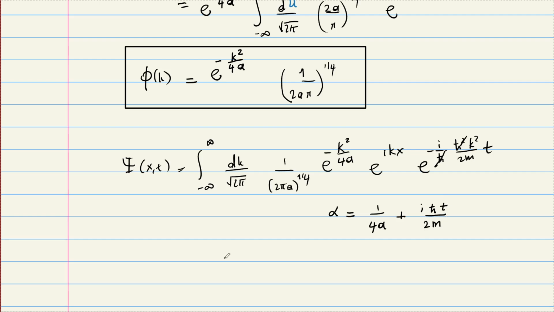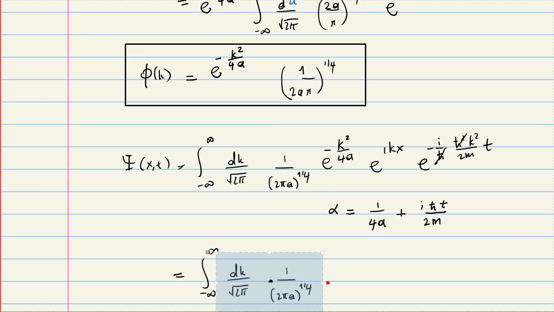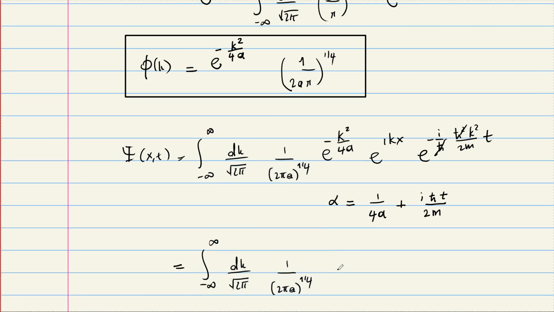Good. Then this integral is from minus infinity to plus infinity. These factors are exactly the same, and this is e to the minus alpha k squared plus ikx.